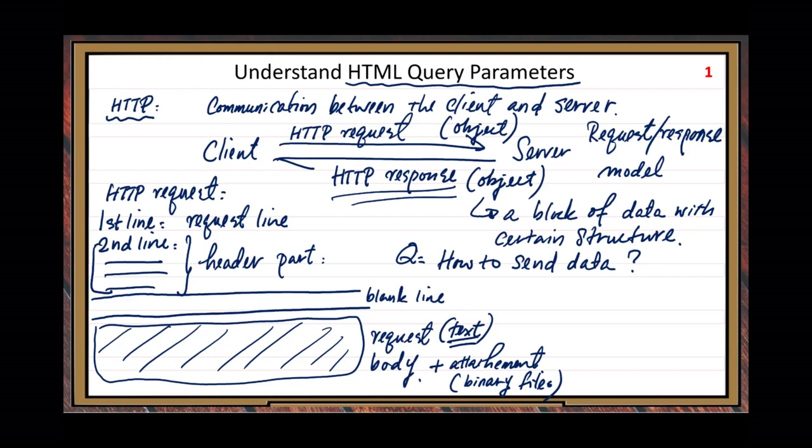To understand this question, it's better to know the structure of the HTTP request object. So to answer that question, to send the data, we have two places to send. In two places to send the data. First one, in the request line.